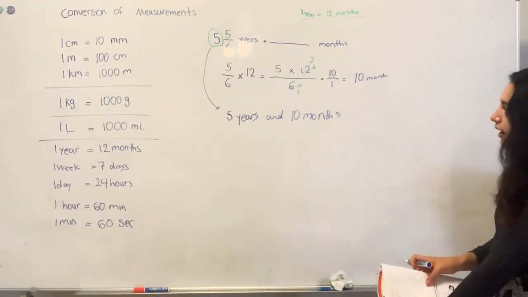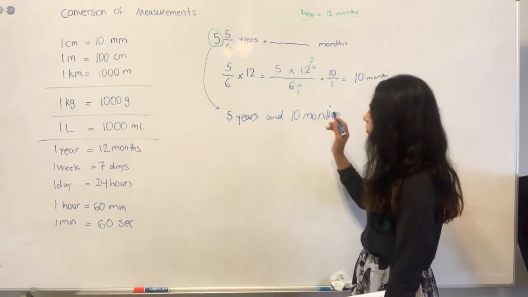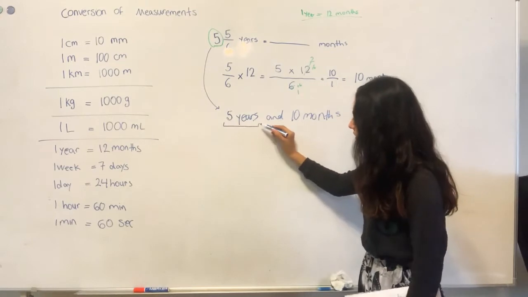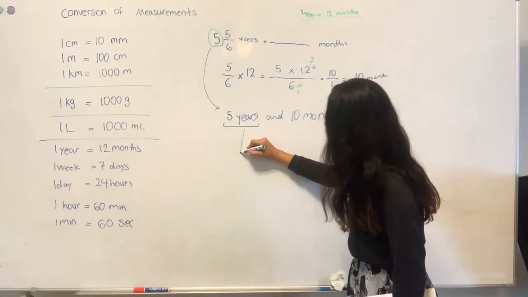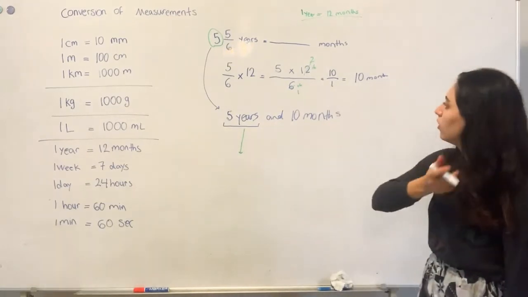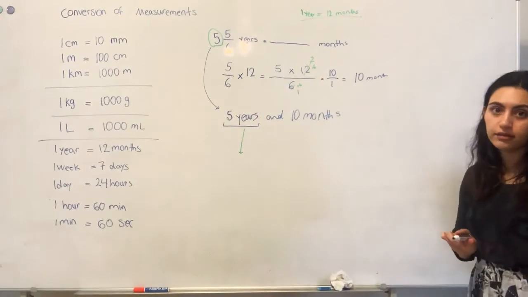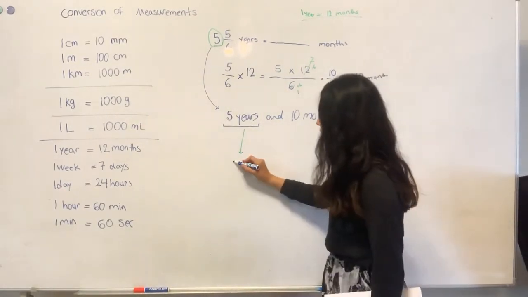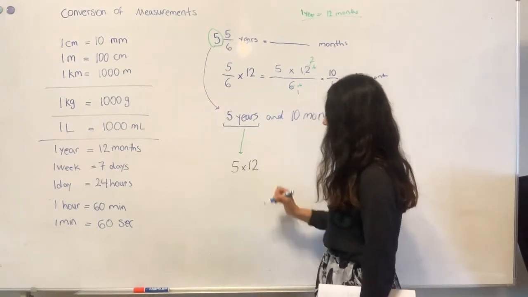But what if I want everything in months? So we also have to convert the 5 years as well. How do we convert the year? We know 1 year equals to 12 months. So what do you have to do? You have to simply times 5 by 12.